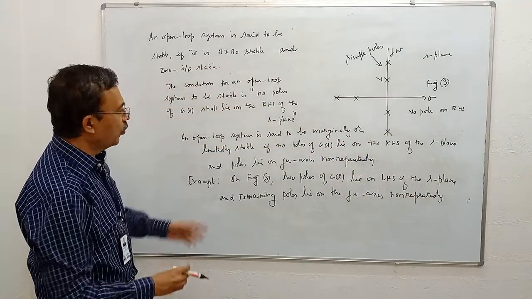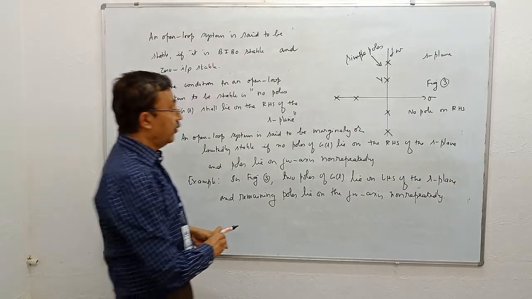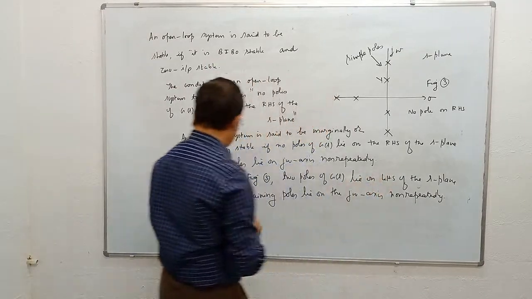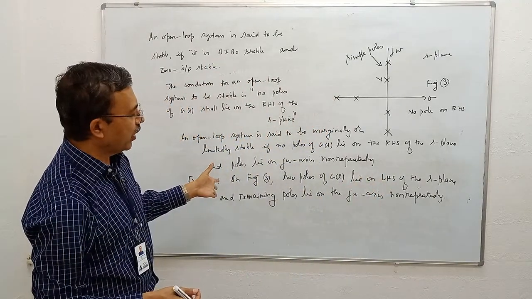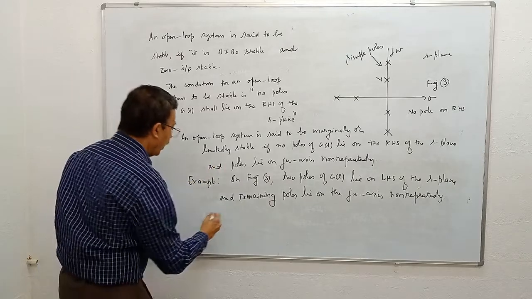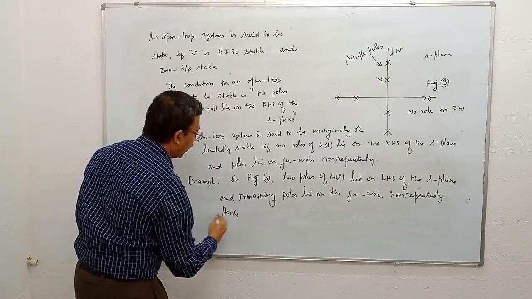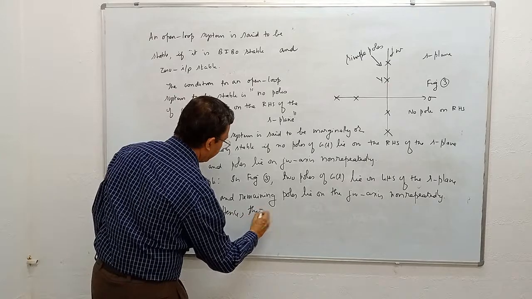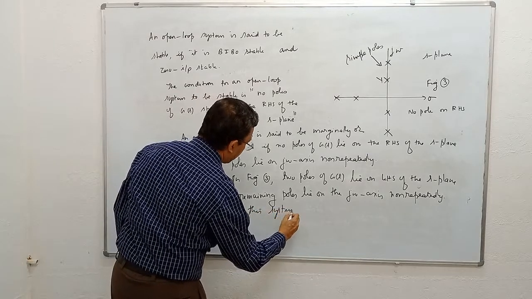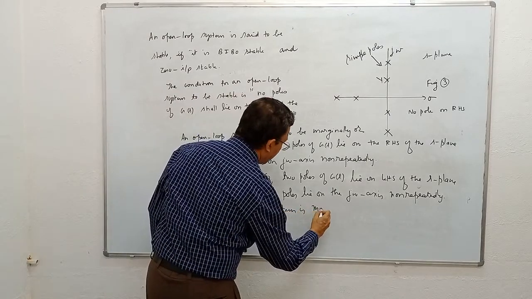In figure 3, two poles of G of S lie on the left hand side of the S plane and the remaining poles lie on the j omega axis non-repeatedly. Hence, this system is marginally stable.